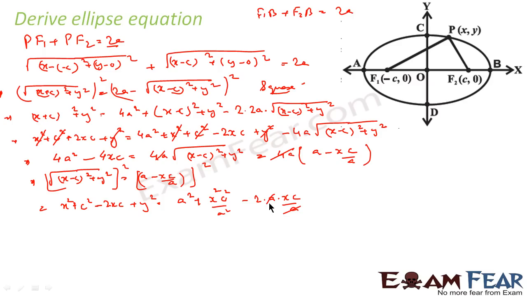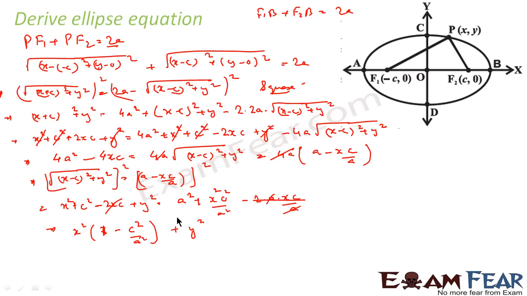This is cancelled. Correct? This is what we have got. 2xc is cancelled. So let's take out the x terms together: x square into 1 minus c square by a square, y terms together plus y square.